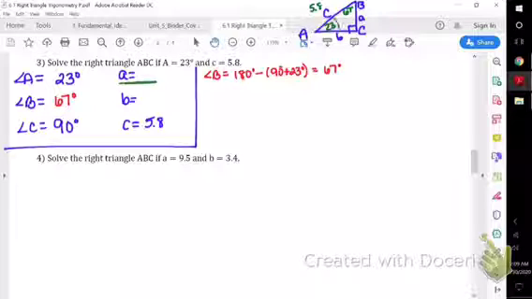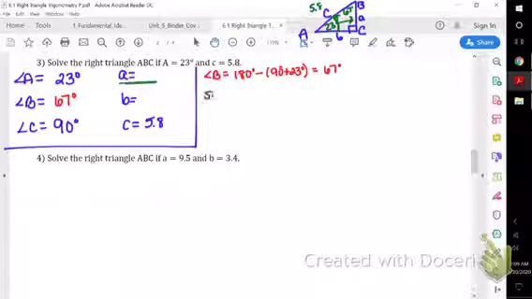But remember, angle A was given. So if I'm looking for side A, that's going to be opposite, and side C was given, which is the hypotenuse. In order to find side A, if I'm looking for the opposite and I know the hypotenuse, that's going to be our sine function.